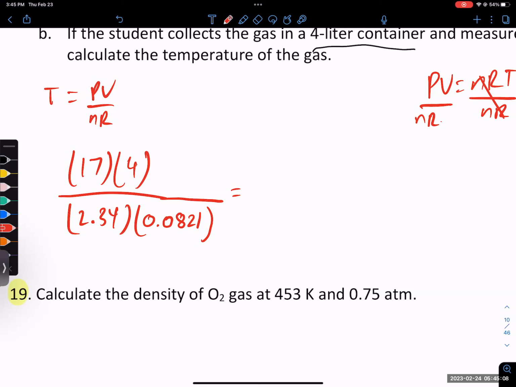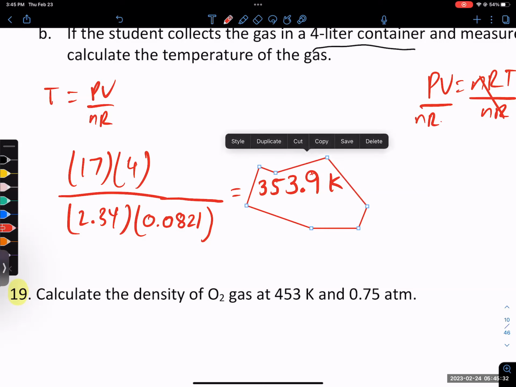So for this class, R is 0.0821. Now we'll solve that out. We'll get a temperature equal to 353.9 Kelvin.